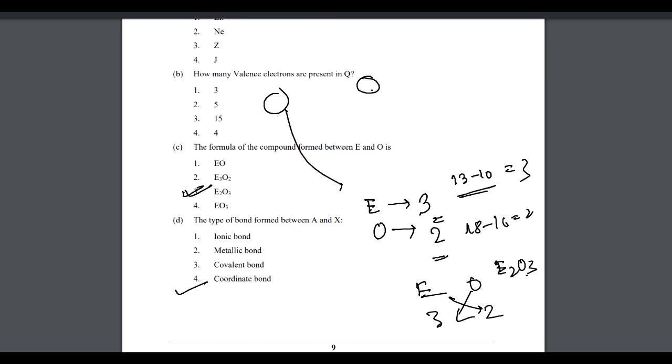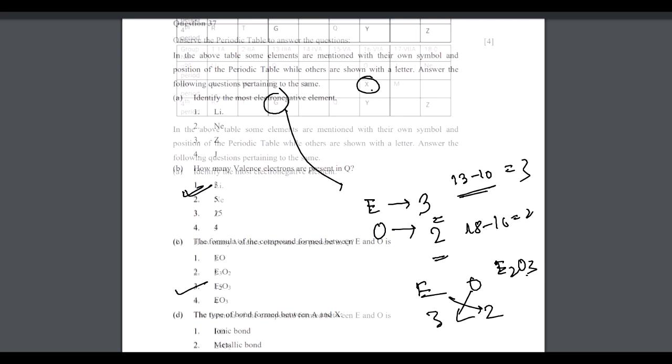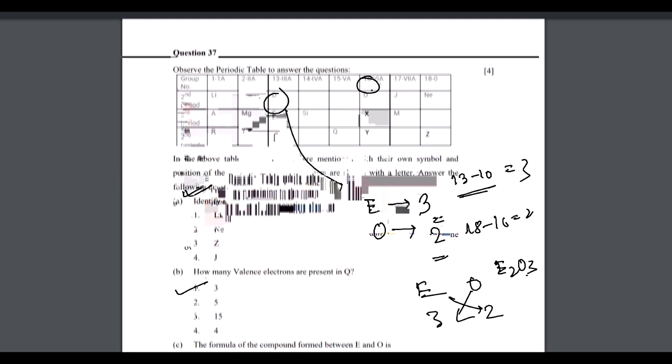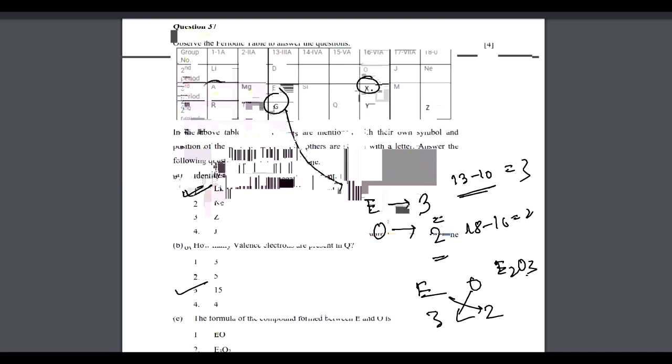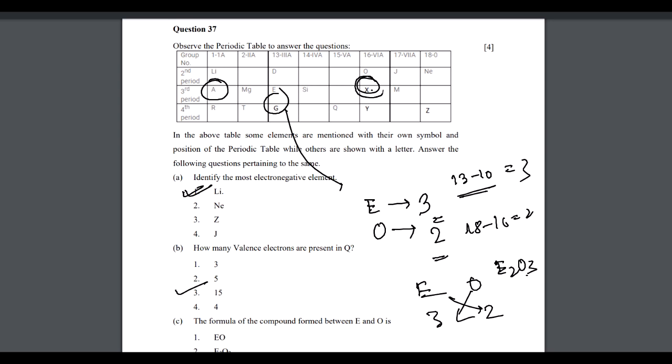The type of bond between A and X. What type of bond will there be between A and X? Where is A? Where is X? Here is A, and here is X. So A is in group 1, electropositive, and X is in group 16, electronegative.